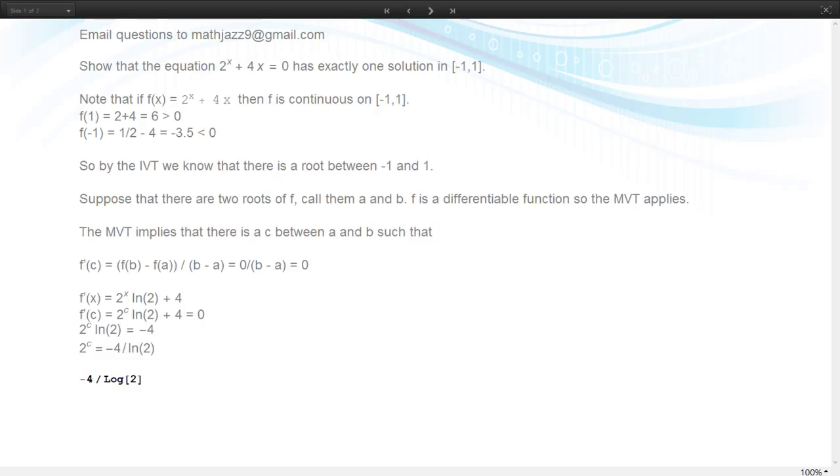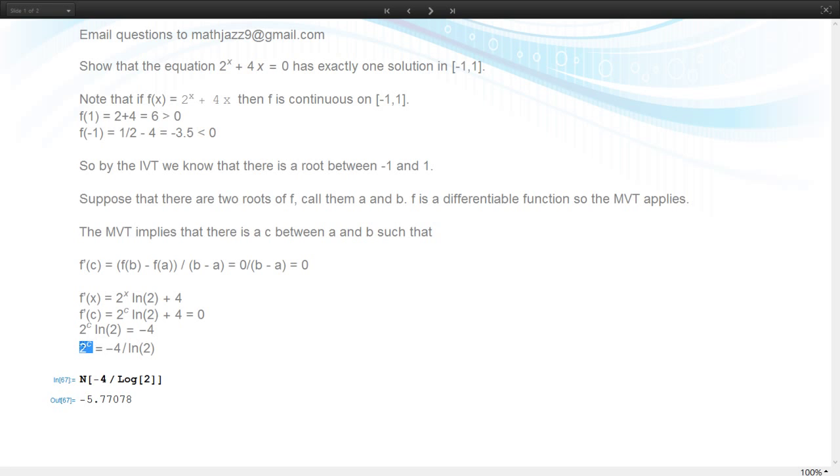Mathematica defaults so that log means the natural log, not the common log. That is just how Mathematica does it. We will calculate this, and I forget again, we need to force it to convert to a decimal. So we get negative 5.77 as the value here.